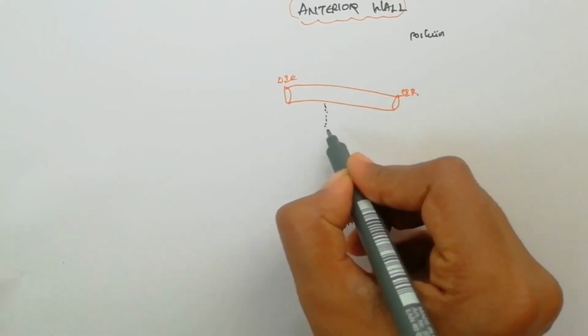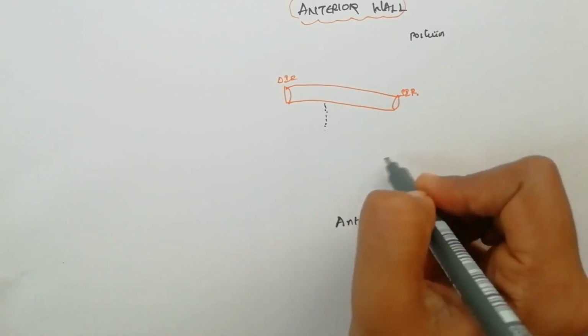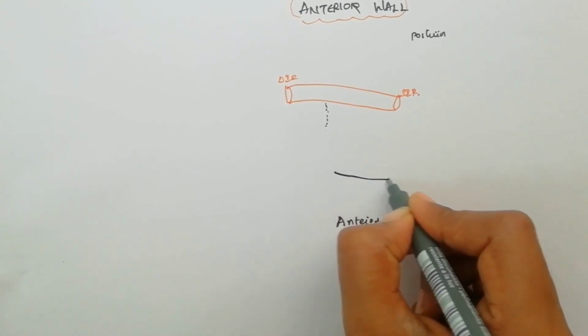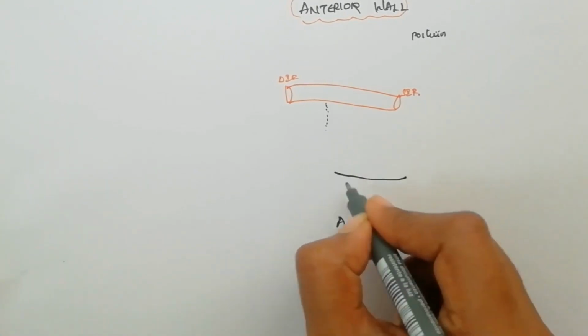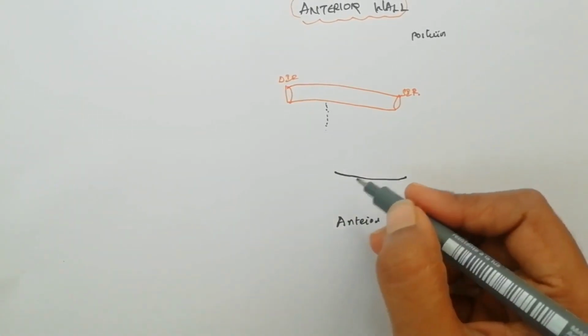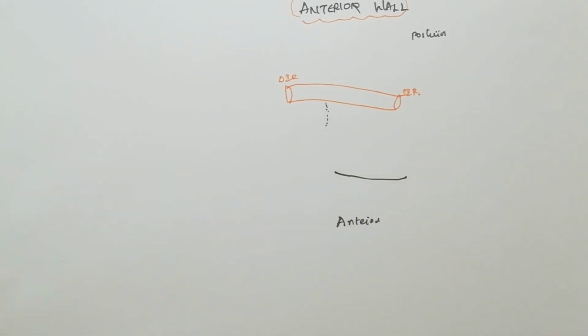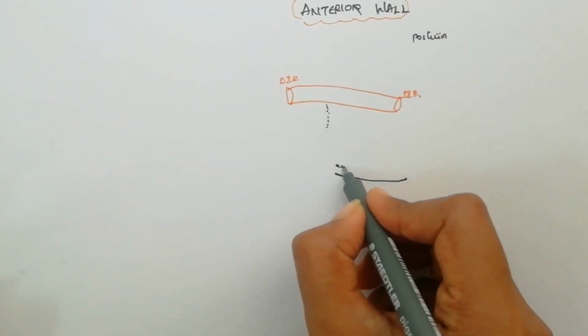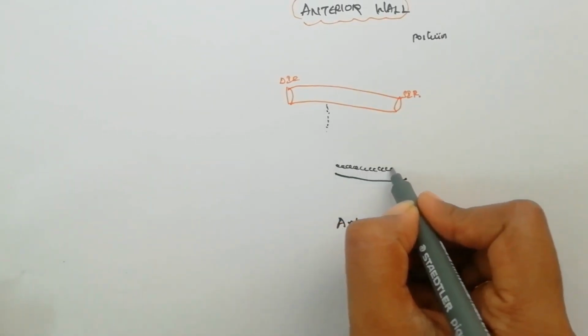In the medial aspect, the anterior wall is mainly contributed by, first thing, skin. So we have skin as the first layer of the anterior wall, and just behind the skin we have the superficial fascia, a fascial layer present just below the skin.